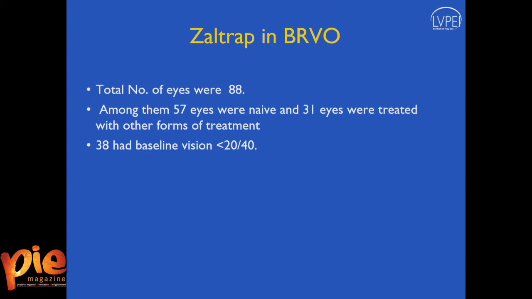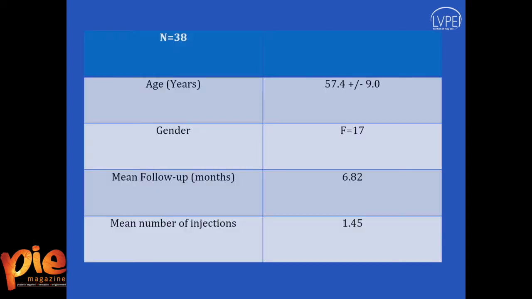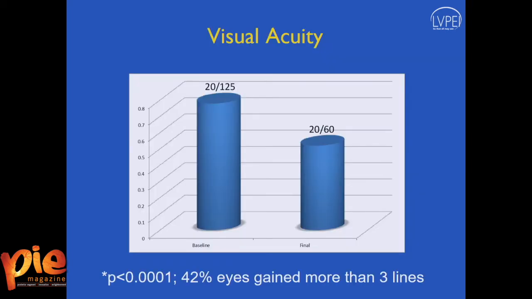And if you exclude patients who had better vision than 20/40, we could get a subset of 38 patients for analysis. Out of these, 17 were female. The mean follow-up was 6.82 months, and the mean number of injections was 1.45, which is significantly lower than what you would expect in a clinical trial.